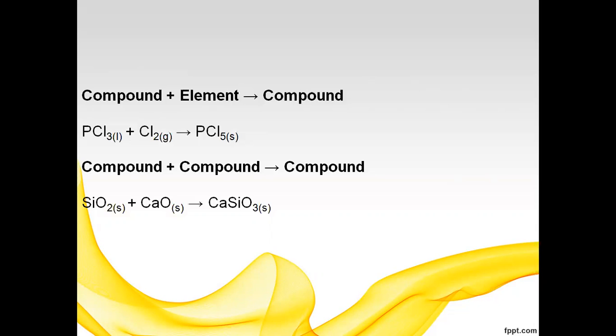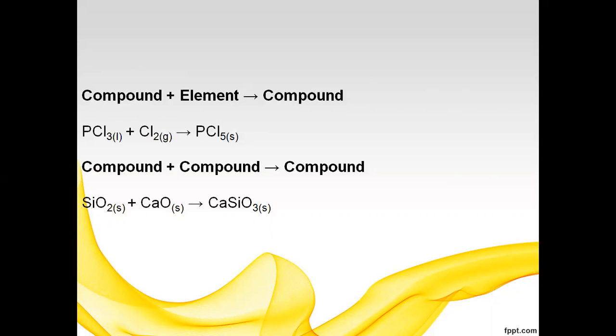So this is called phosphorus trichloride. Phosphorus trichloride combines with chlorine gas to form phosphorus pentachloride. Phosphorus trichloride is a compound and chlorine gas is an element. So the element and compound form a compound.